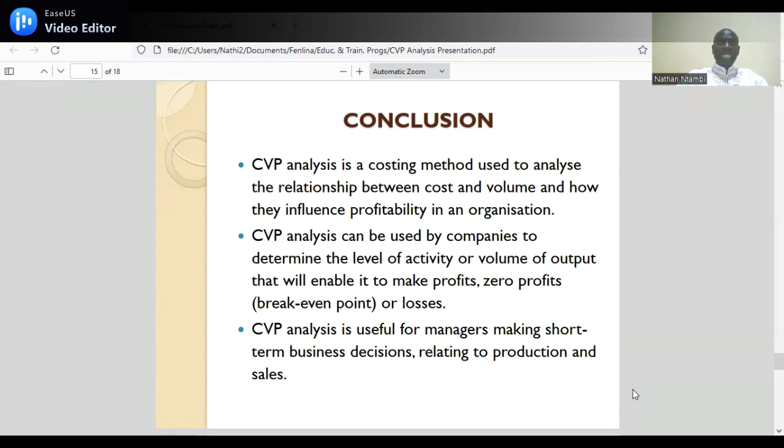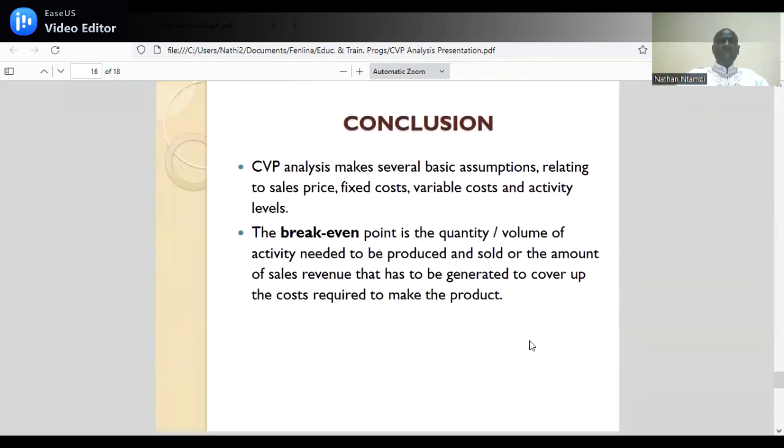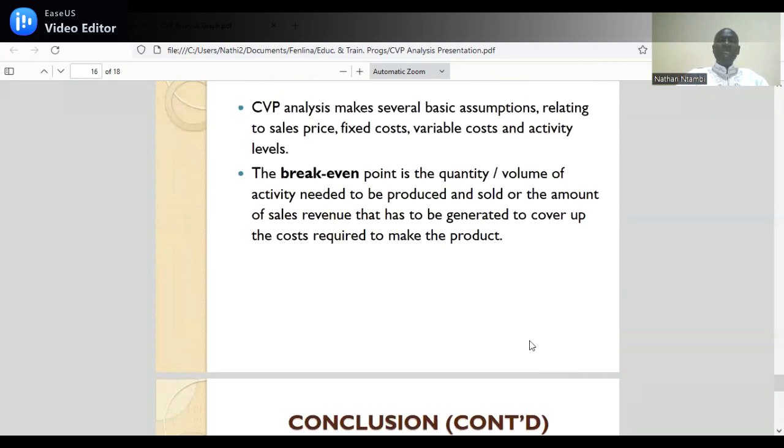CVP analysis is useful for managers making short-term business decisions relating to production and sales. CVP analysis makes several base assumptions relating to the sales price, fixed costs, variable cost, and activity levels.